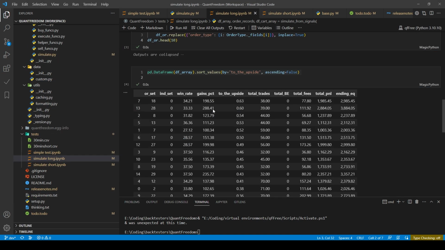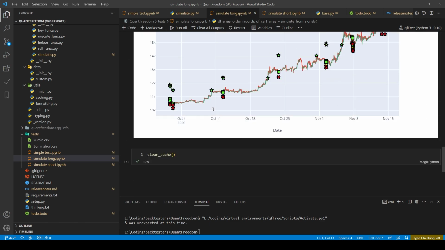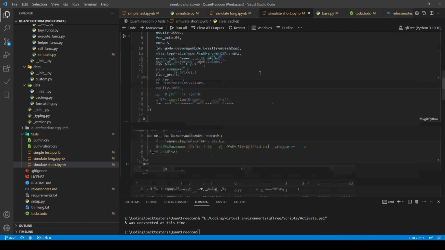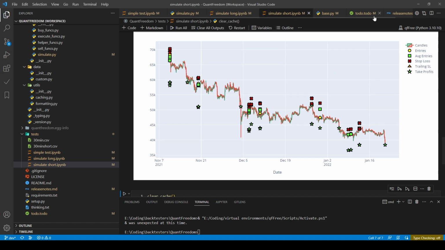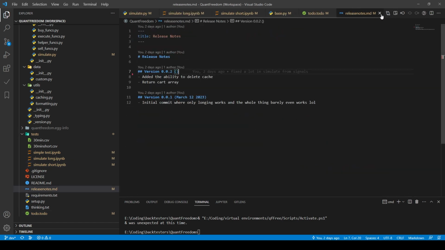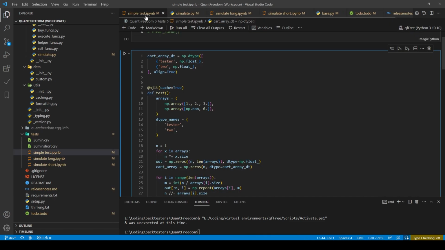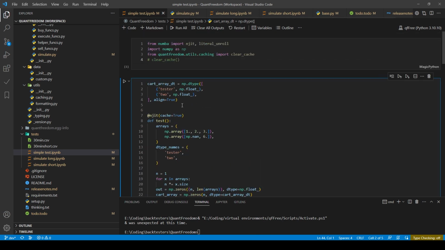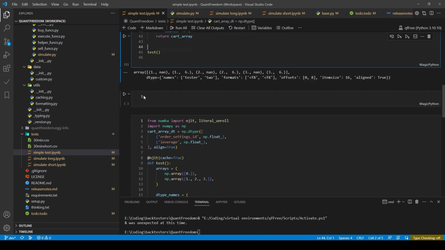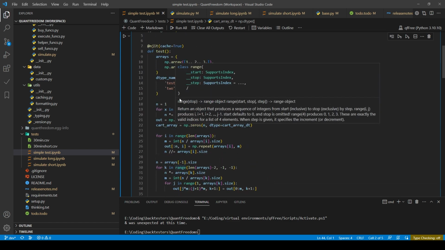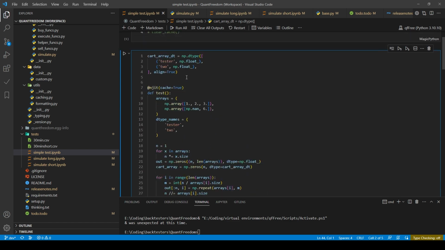Then we get rid of it. Boom, and it's working for the shorts. Yeah. All right. So crazy that this works here. It doesn't work. Unbelievable.